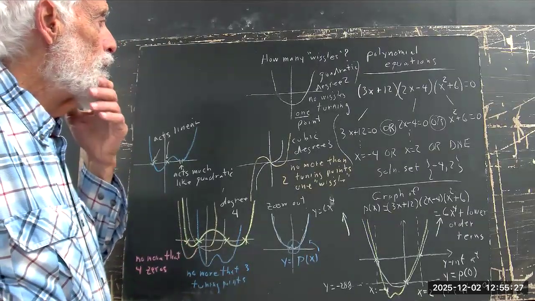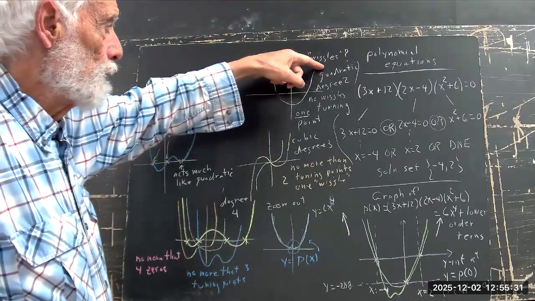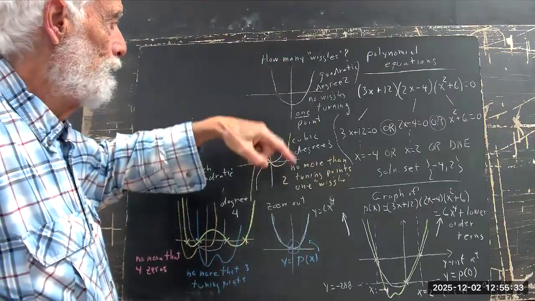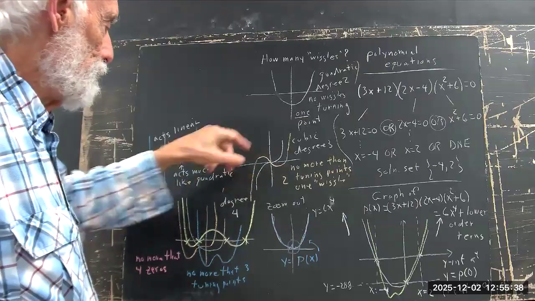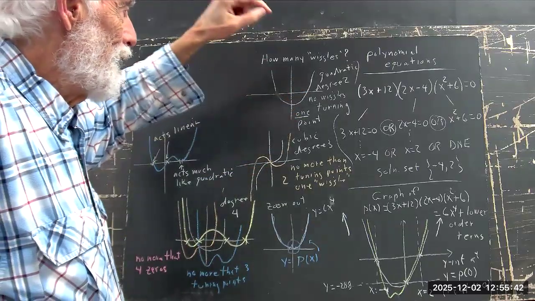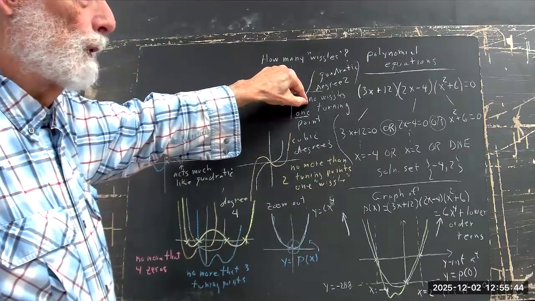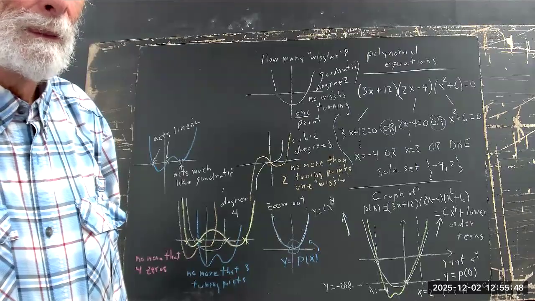Okay, here's a picture of a parabola. That's a quadratic function of degree 2. It doesn't wiggle in the sense that this thing wiggles or this thing. Okay. What we don't usually talk about is wiggles. We talk about turning points. That's what you've seen.